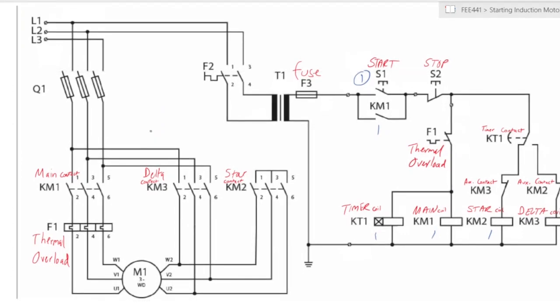On the left hand side, we have the actual electrical diagram, which indicates the way the motor will be wound. On the right hand side, we have the logic diagram, which is shown by the way you would connect the contactors.